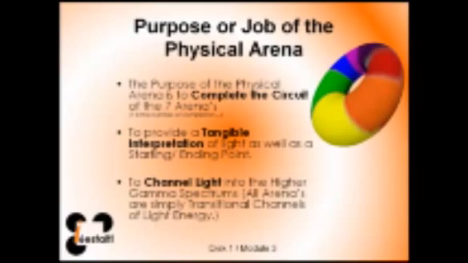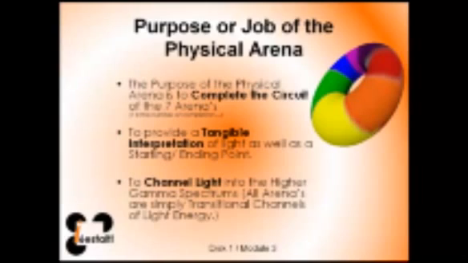And you'll see that there are frequencies on either side that we have learned to use and harness, and we've actually even been able to see ultraviolet light using special equipment. And the idea behind all of the arenas is that they're just transitional channels. They're moving light energy from one place to another.